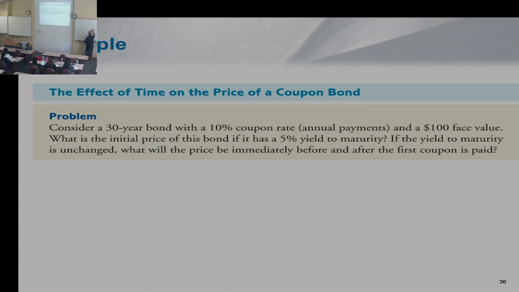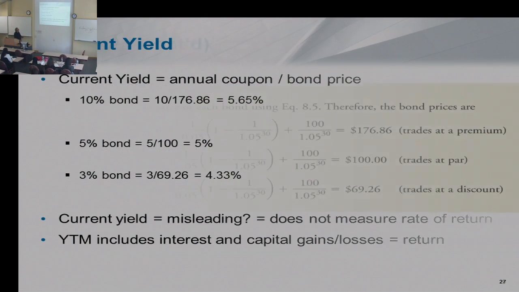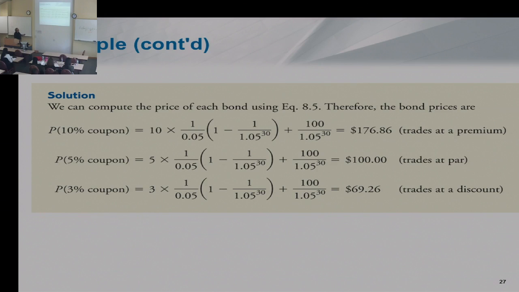N is 30. Face value is 100. Y, the yield to maturity, is 0.05. So value the bond, well, we've already done that. That was this example here, wasn't it? This one. 176.86.